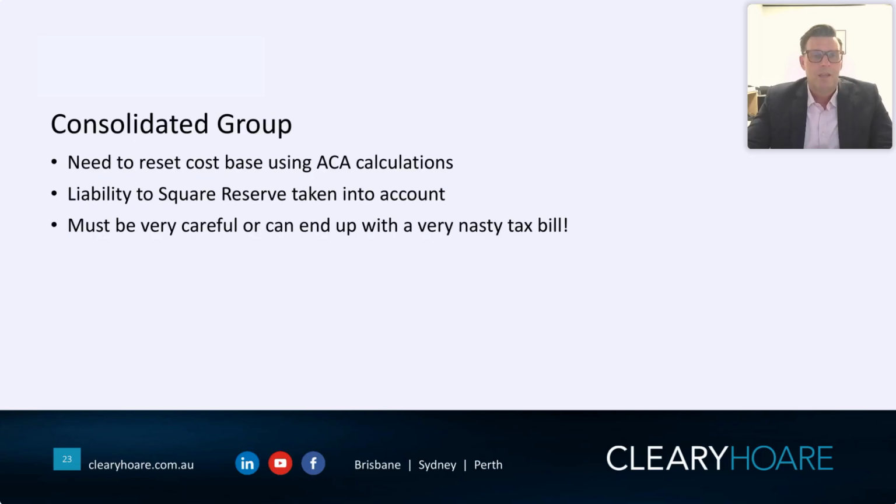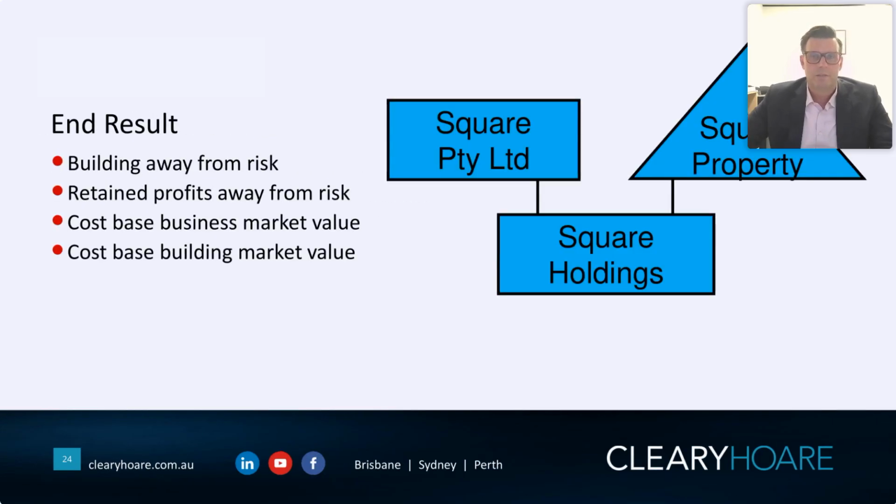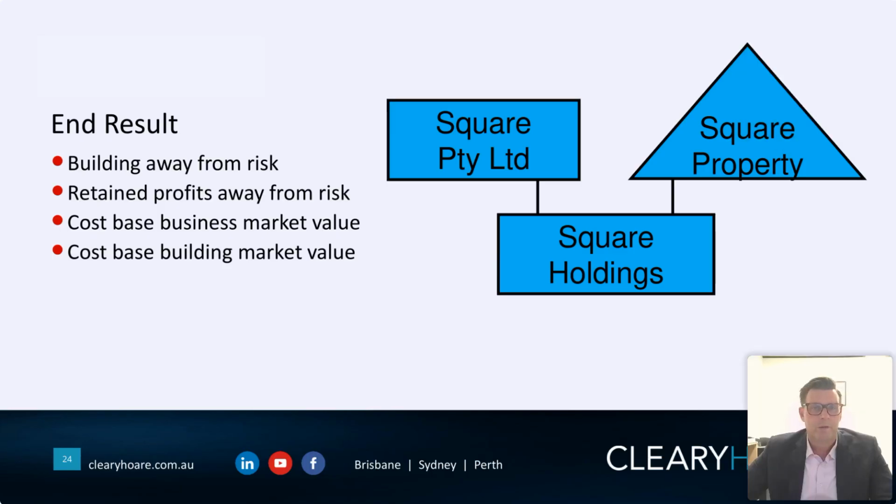However, if we've done our asset protection steps first, one of the steps requires us to take into account liabilities to external parties. Square Reserve will be an external party, it's a non-group member. And so that liability of approximately $11 million or whatever it was will be taken into account in the ACA calculation. So what we end up with is our building is away from our risk.